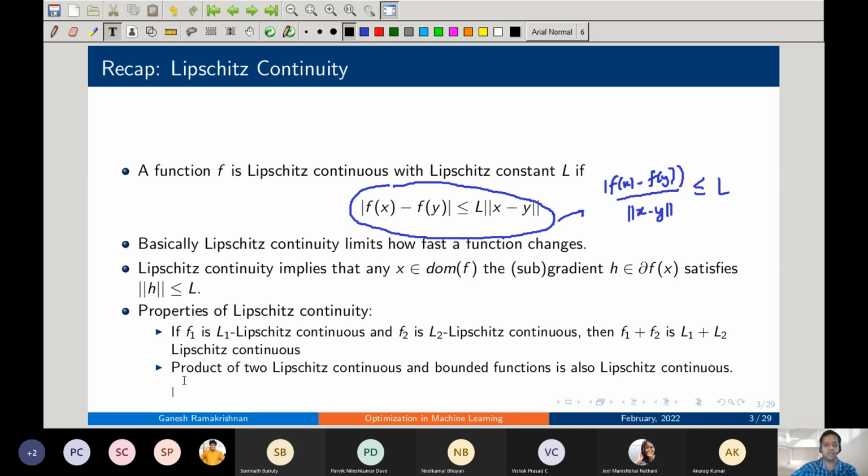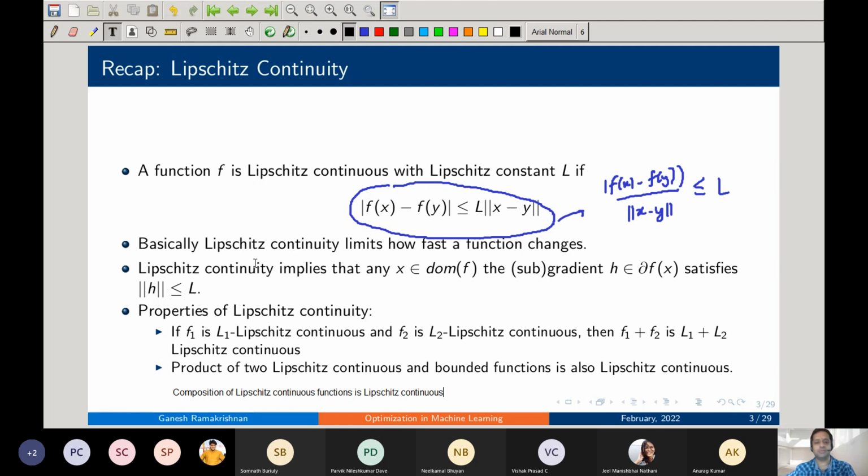So, the composition of Lipschitz continuous functions is Lipschitz continuous. How do you prove this? You might have required this today for your homework.